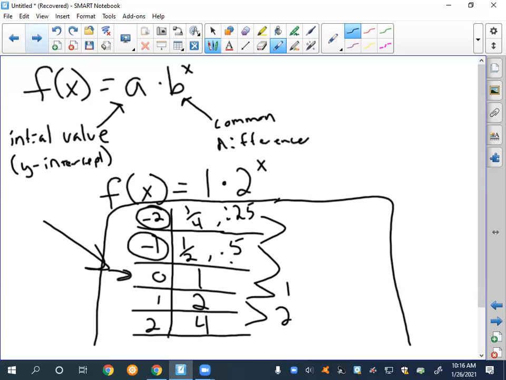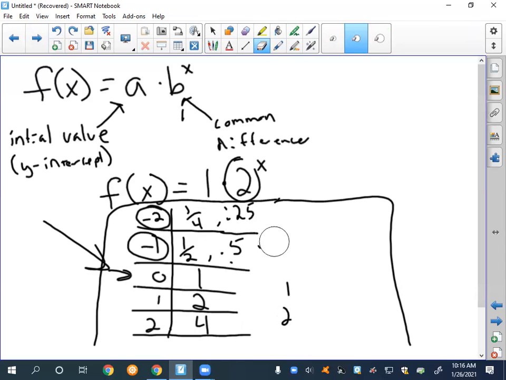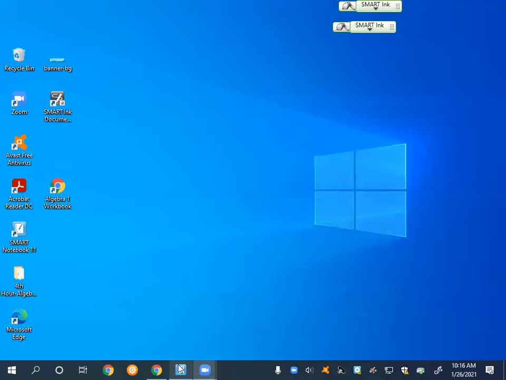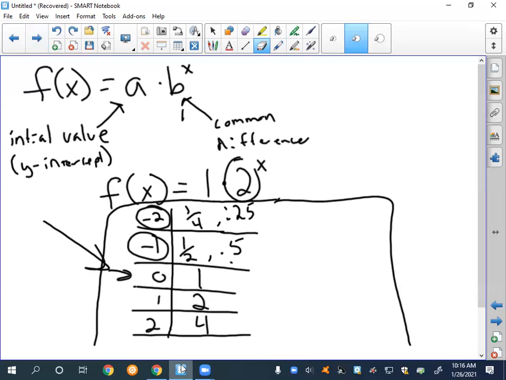What did they say the common difference was? 2. Well, how do we figure that out? How do we see what the common difference is? All you've got to do is divide. The bottom one, 0.5, divided by the top, 0.25.